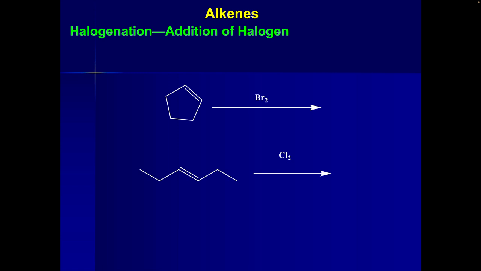So solid wedges mean something is coming toward me. Dashed wedges mean it is going away from me, right? And these other atoms are lying in the plane of the board, right? So that's how we're doing it. This is how you need to be working problems in your homework when you're dealing with this kind of stuff.